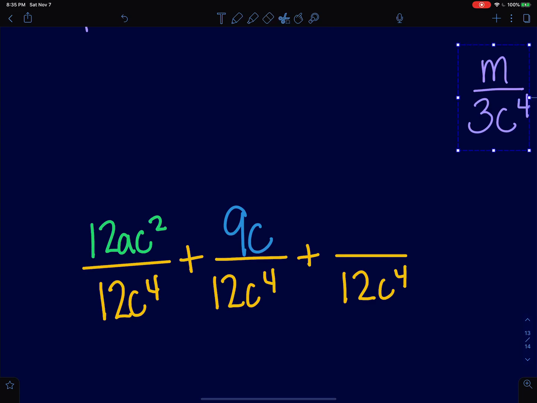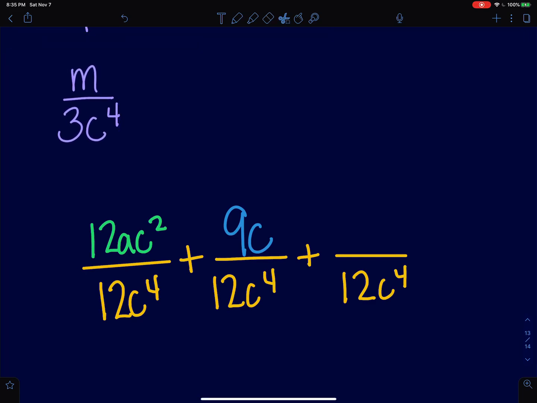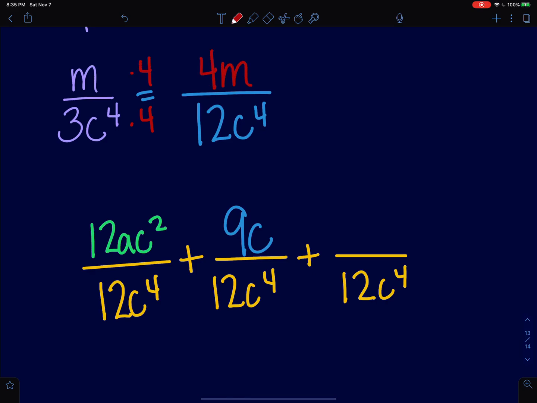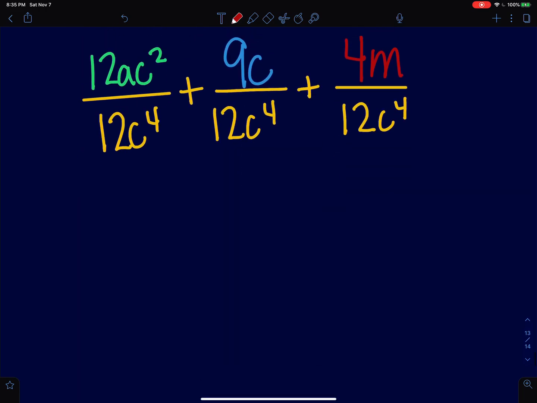Now this last one. What do I need to do to make this equal to something over 12c to the 4th? I need to multiply it by 4. And then I don't need any more c's, so it's just times 4. So this is going to be 4m. All right, we're finally ready to solve this problem.